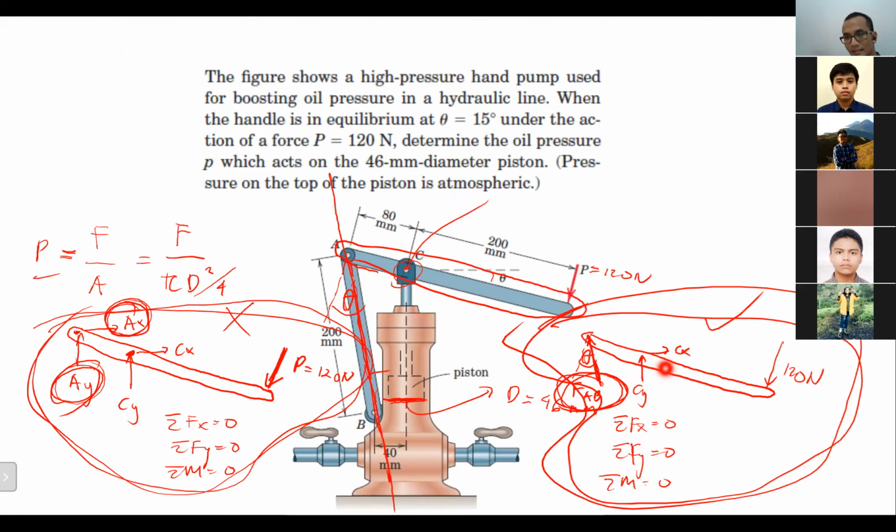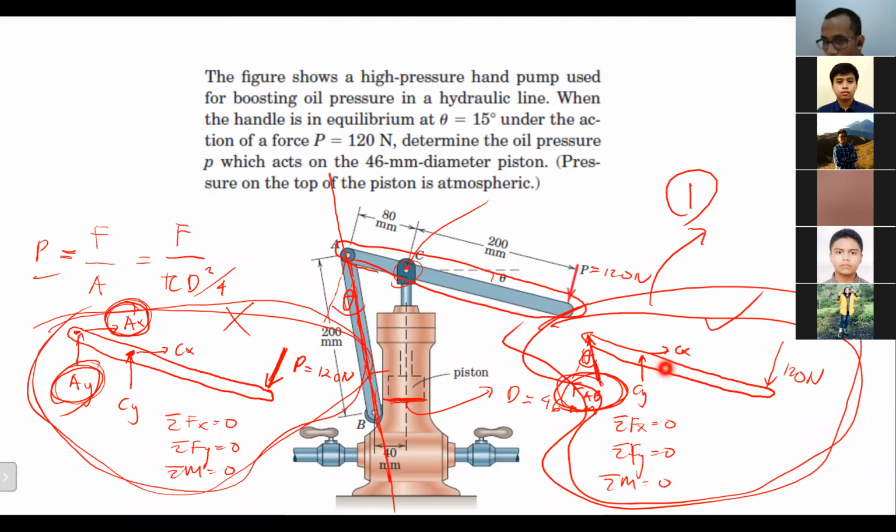Do you get it, Asir? So the number of unknowns here is just one actually. That's why we cannot represent it as AX and AY. Do you get it, Asir? Yes, sir.